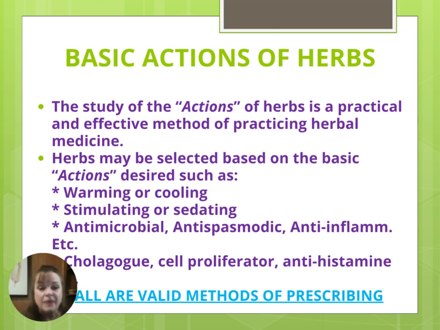Herbs can be selected based on the basic, quote, actions, such as warming and cooling. If somebody has a hot type of pain, maybe you want aloe gel in their mouthwash for burning sensations on the tongue.